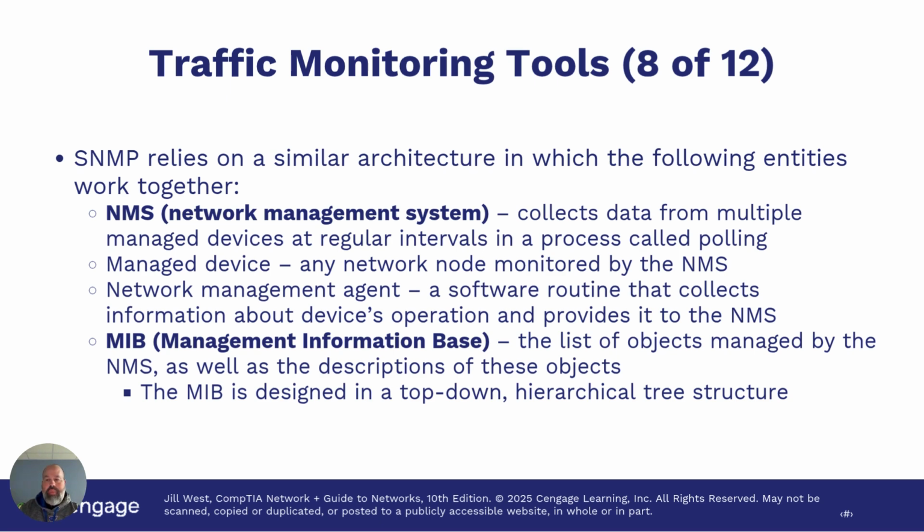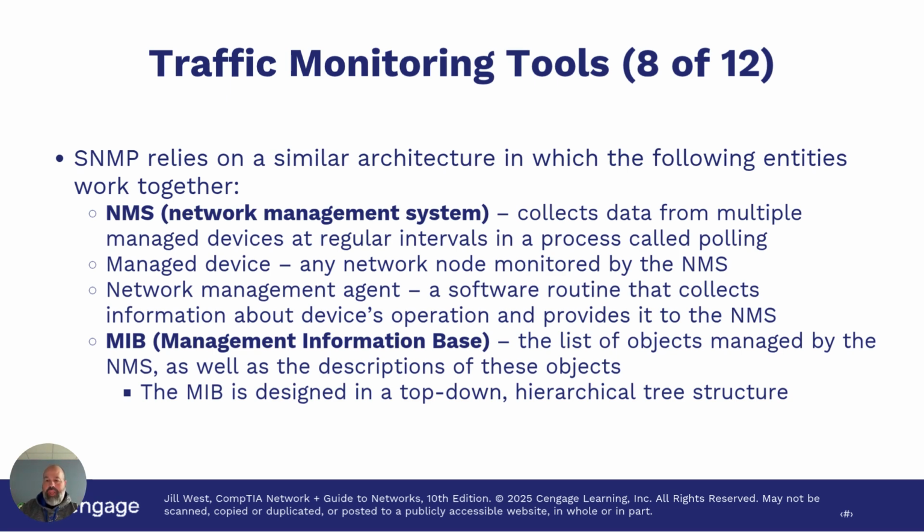Now, SNMP, which stands for Simple Network Management Protocol, relies on several key players working together. The NMS, which is the Network Management System, that's the boss. It collects data from multiple managed devices by polling them at regular intervals. Managed devices are any network node that's being monitored, which includes servers, switches, routers, printers, basically anything with an IP address.